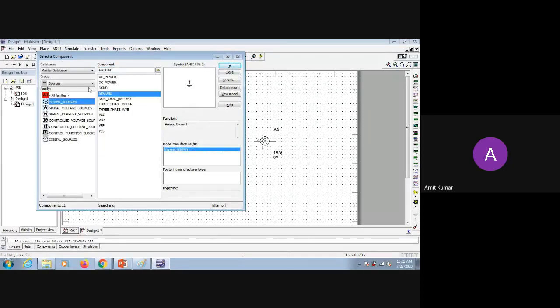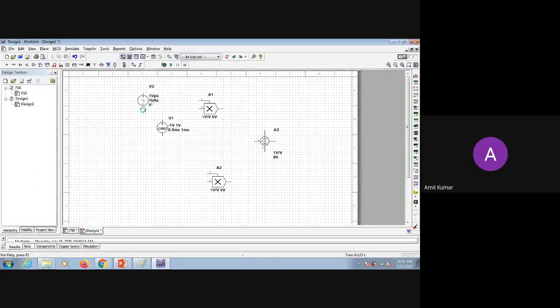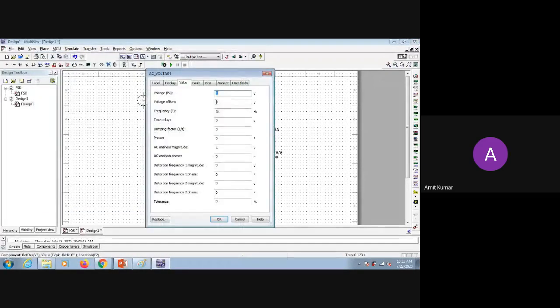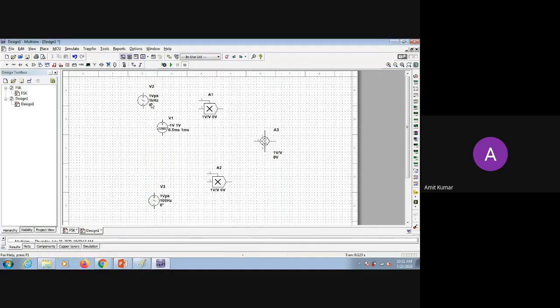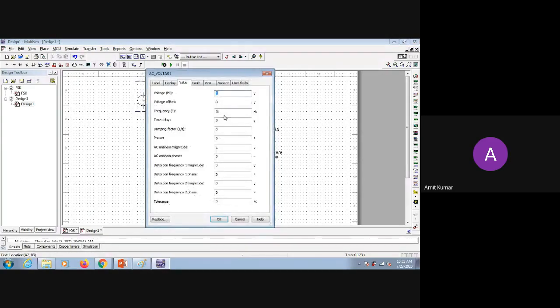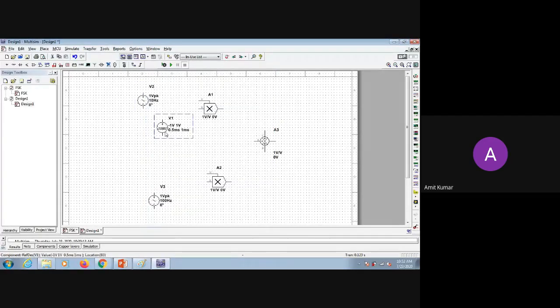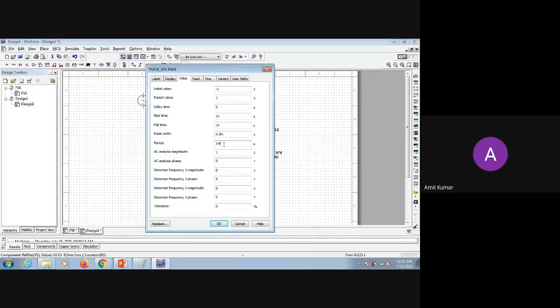First sine waveform we will take here, and second we will take here. Both are working at different frequencies. I will change this. Instead of milliseconds, I increase the time.